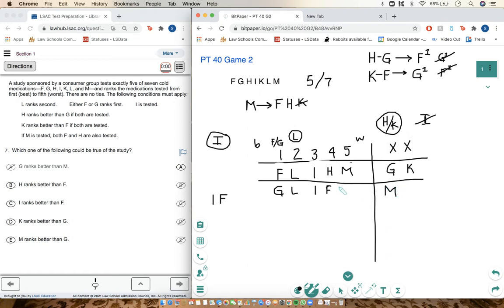And then this last thing here, can it be H? No, because if H was here, then H would have to be before G. So H is not happening. K, we need to put K before F. So this would actually have to be K over here, and then we could put F over here. And that works, we're following all the rules.